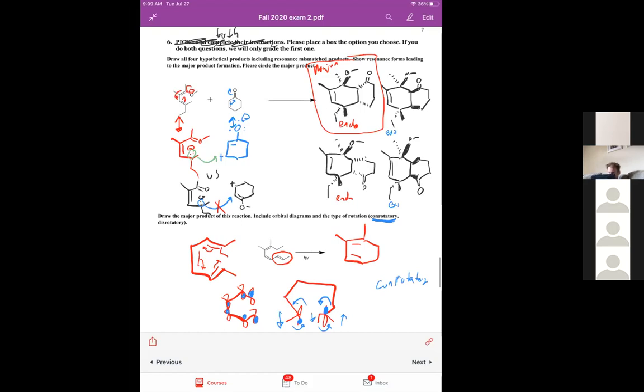So my ethyl and my methyl are going the same direction. I'm going to make them both dashes, making the other methyl a wedge. All right, this gets us through the fall 2020 exam.